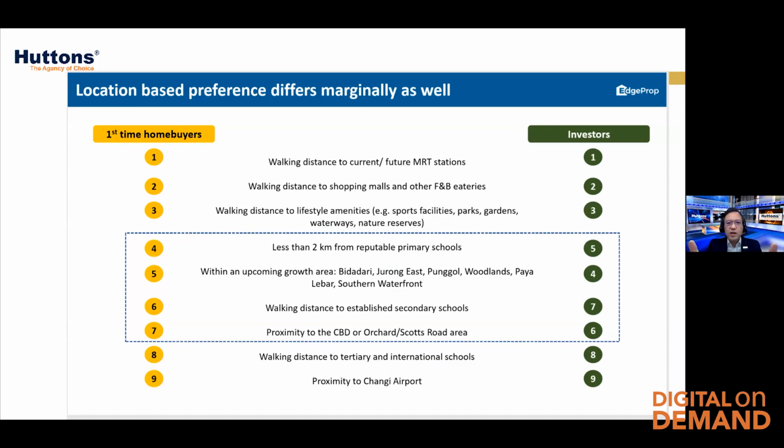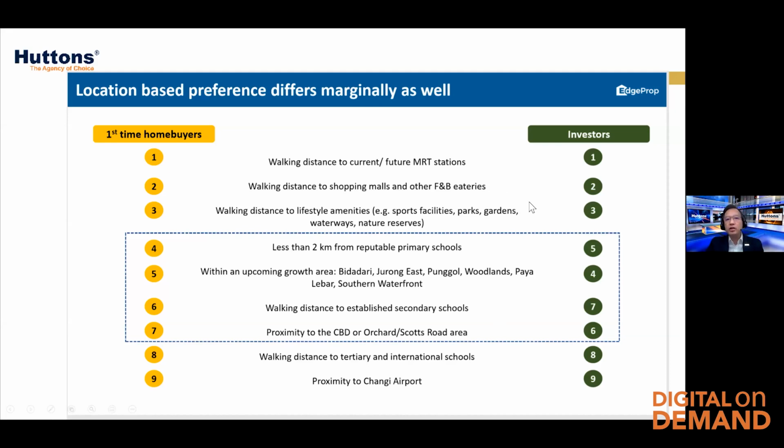The first 3 categories are their top choice, no changes at all. In terms of location, they would like a property which is within walking distance to the current or future MRT. Second priority they are looking for is that it is better if it is near a shopping mall, or if not, any F&B eateries.